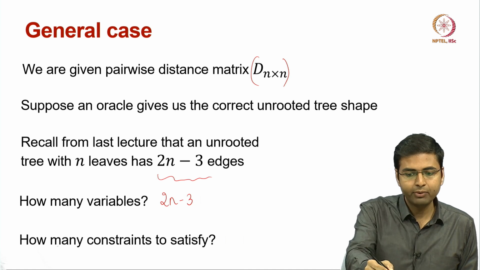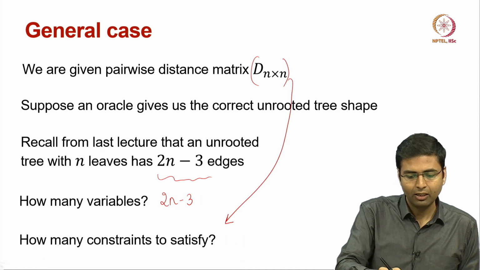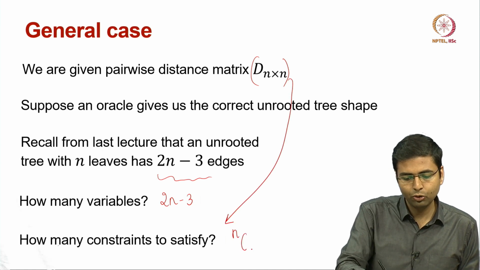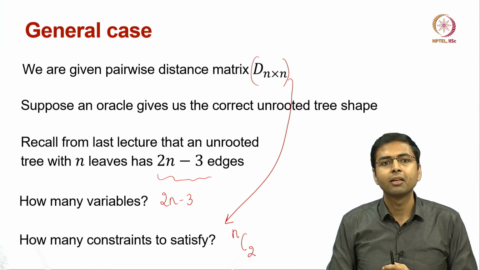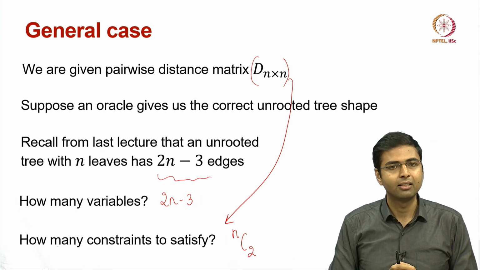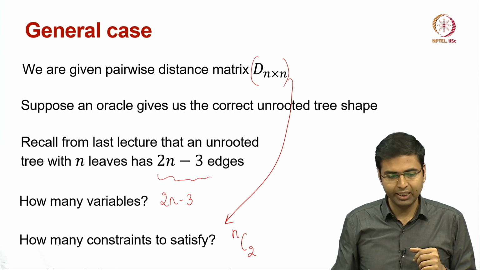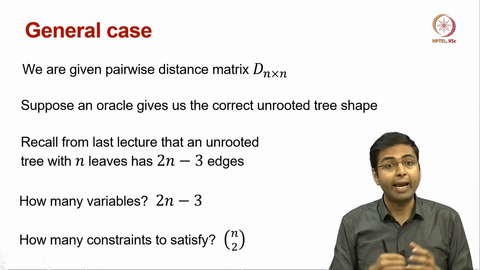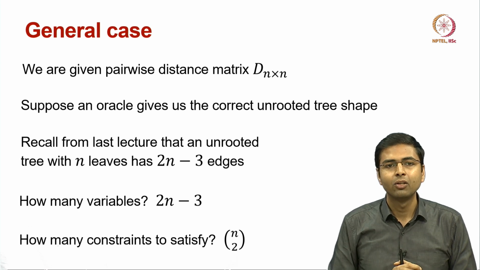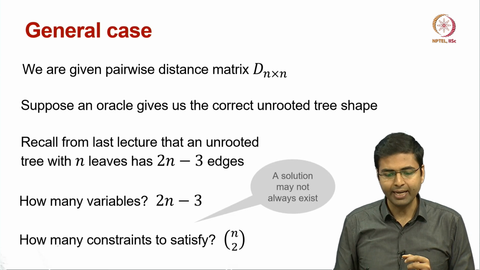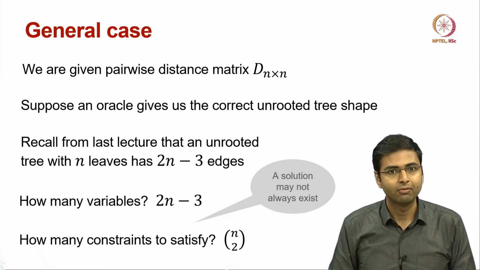So from this distance matrix, you have n choose 2 constraints, right. Because you have only 2n minus 3 variables and n choose 2 constraints, you can clearly see that this system of linear equations may not always have a solution.